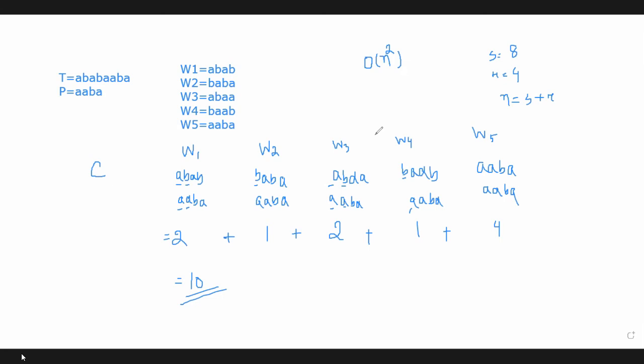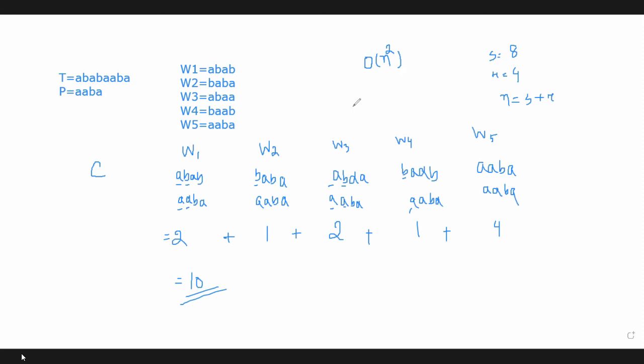It's not actually a proper explanation to say that 8 is squareable, right? So you have to think about why the time complexity is order of n square.